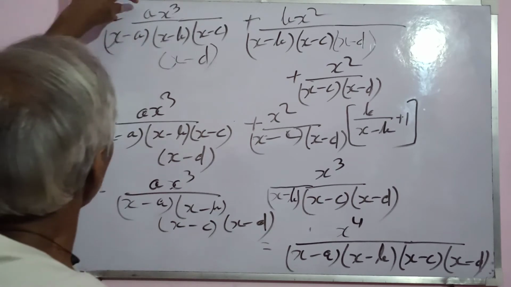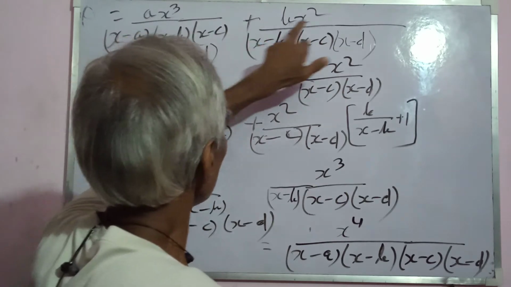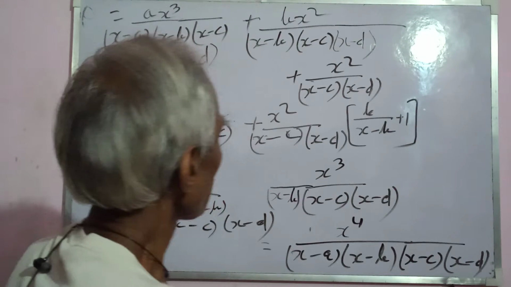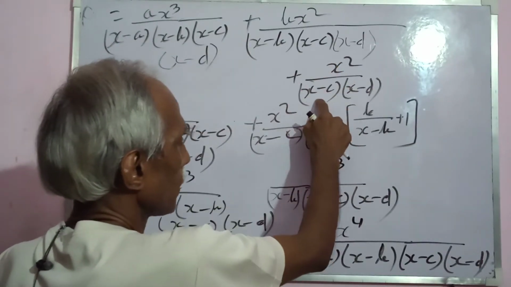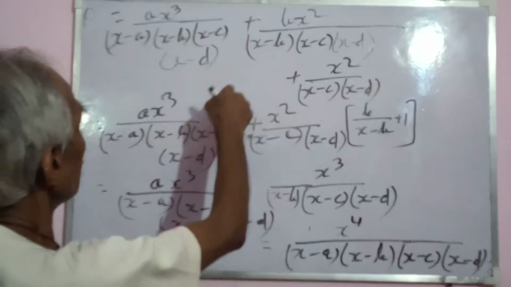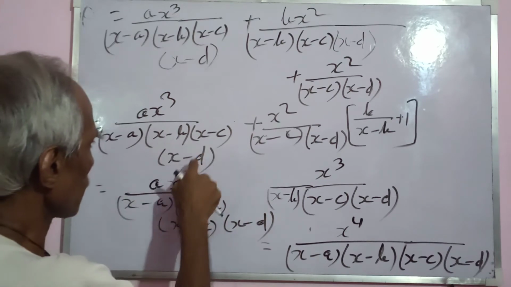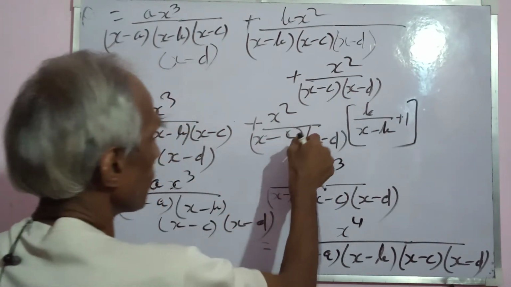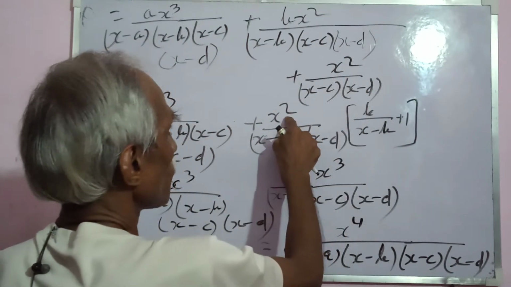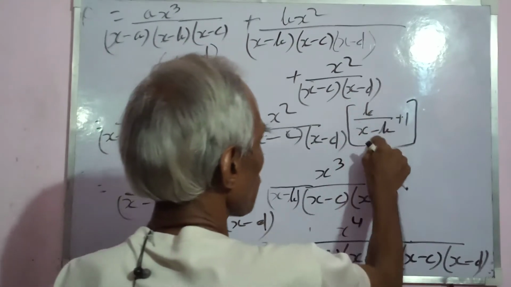This is equal to ax cube by (x minus a)(x minus b)(x minus c)(x minus d), plus bx square by (x minus b)(x minus c)(x minus d), plus x square by (x minus c)(x minus d) from the calculation. Now take common from this and this: x square will be common, x minus c, x minus d will be common, then the remaining part will be b by x minus b plus 1.